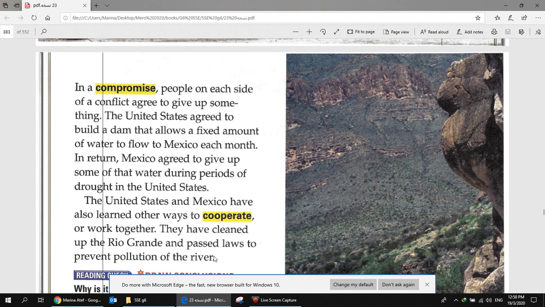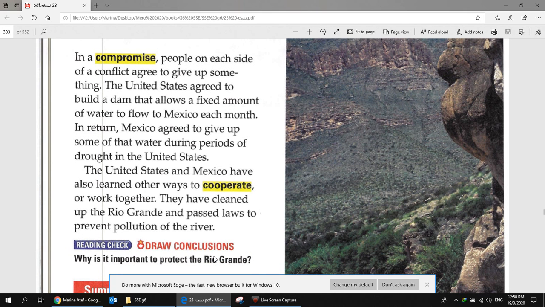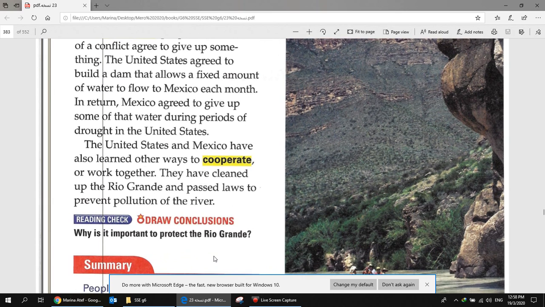The United States and Mexico have also learned other ways to cooperate or work together. Cooperating means working together. To cooperate, the verb, means to work together. They have cleaned up the Rio Grande and passed laws to prevent pollution of the river.